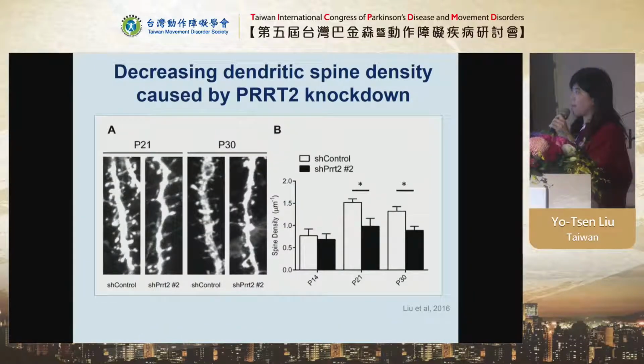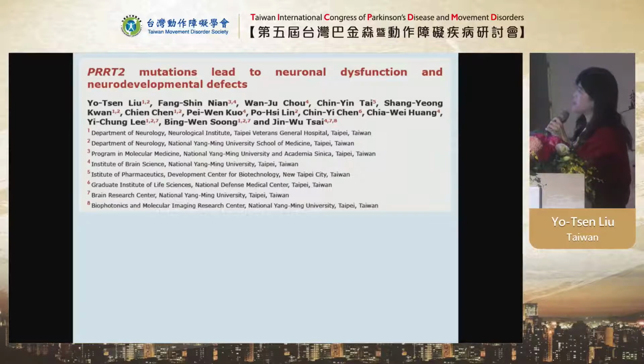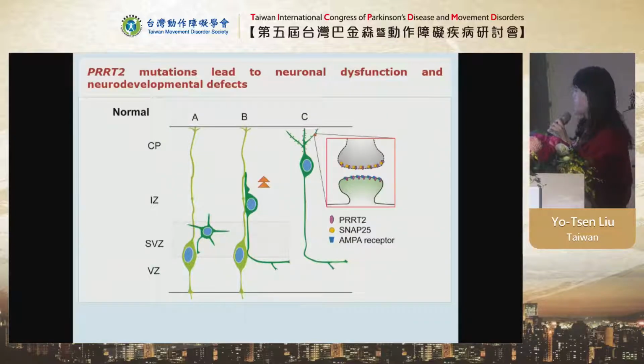When the mice grow up, we find that they have significantly decreased dendritic spine density. This is a pathological phenomenon in many neuropsychiatric disorders, including developmental delay, mental retardation, or autism. So based on the above findings, we propose a model of PRRT2 function.